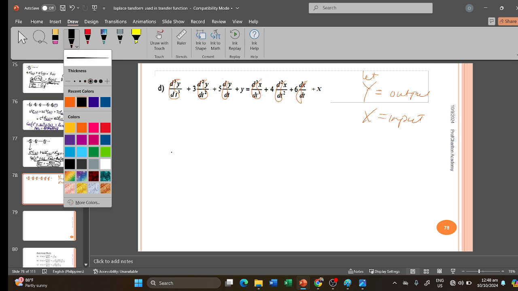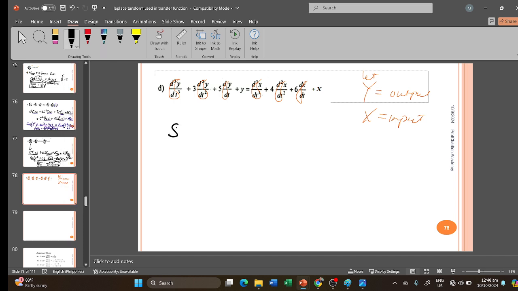So here, d cube over dt cube is what? s cube. Then we put the big Y. Then plus 3s squared, then Y, then plus 5s Y.